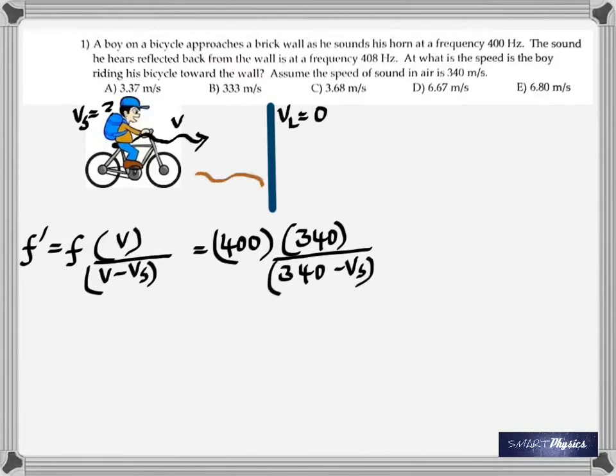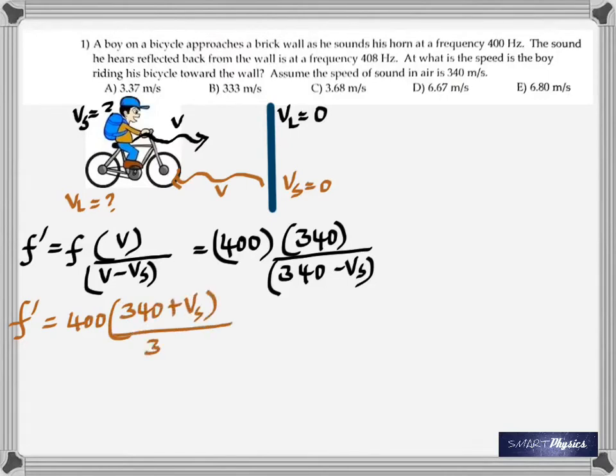Remember that when the source comes towards you, the frequency appears to go up, and when it goes away from you, it appears to have gone down. In the second case, okay, that was a mistake there, because in the second case, the sound is reflected off the wall and coming to him.